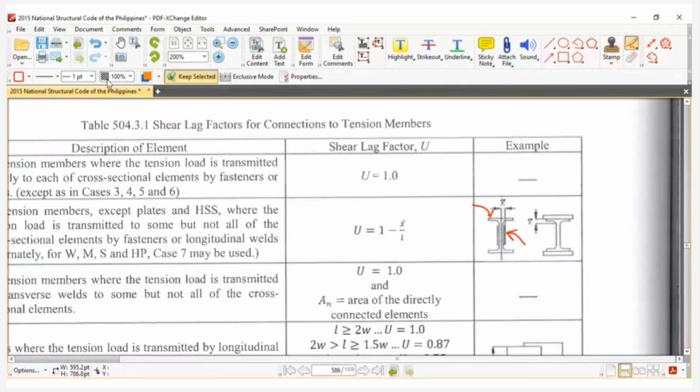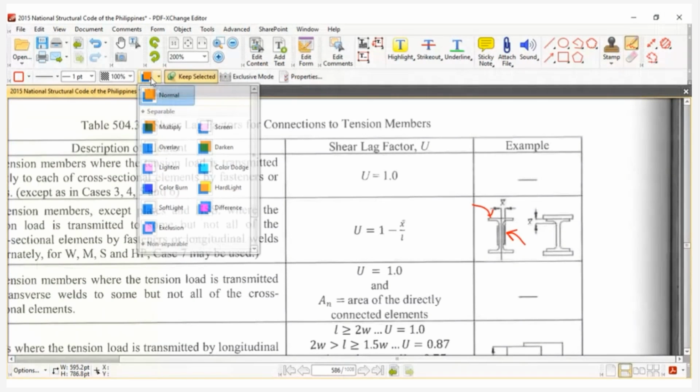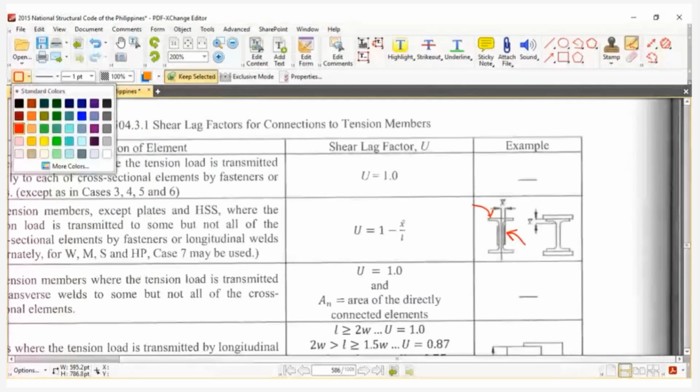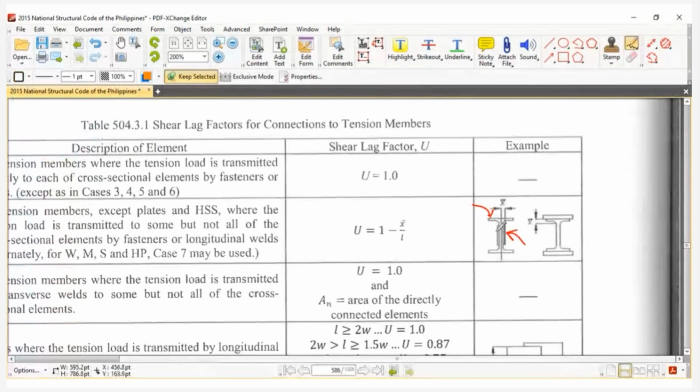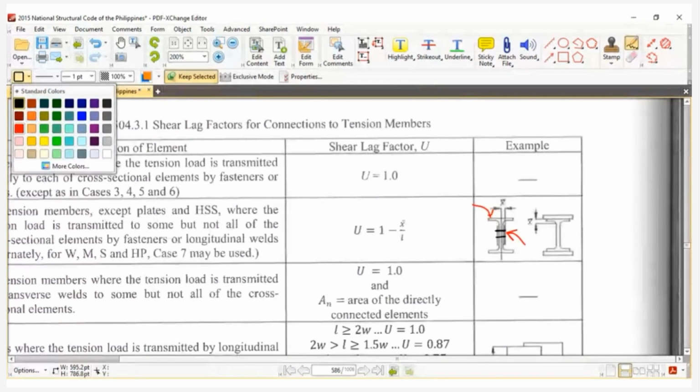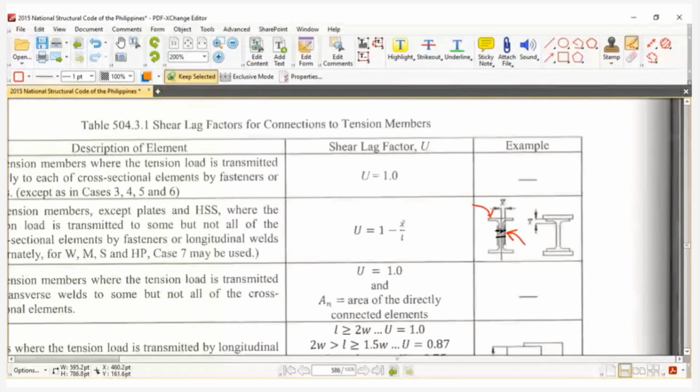So for example, if the members are connected in this way, the plane of connection is actually this particular line right here, right?